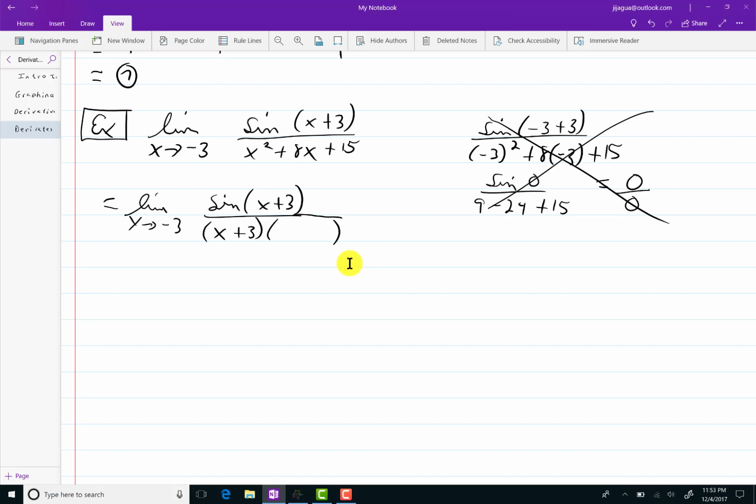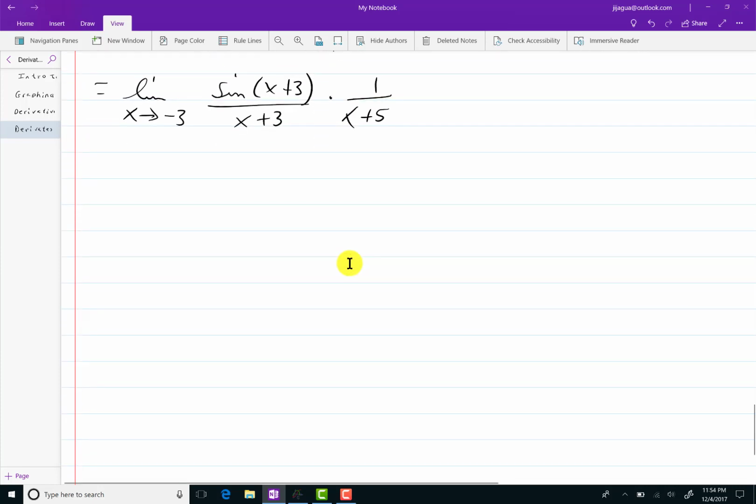The quadratic in the denominator started as x squared, so my first other piece has got to be x, and it ended with plus 15, so I have to have plus 5. Now I can break this up. The limit as x goes to -3 of sine of x plus 3 over x plus 3 times 1 over x plus 5.